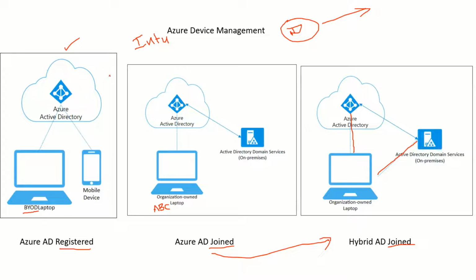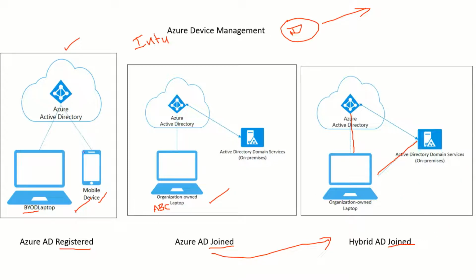You can push policy, I mean, you can push applications using Intune, right? And you can wipe the data remotely. All these things can be done remotely. So Intune will provide that capability across your handheld devices, Windows, iOS, everything. Okay, so those things we will discuss in our upcoming videos.